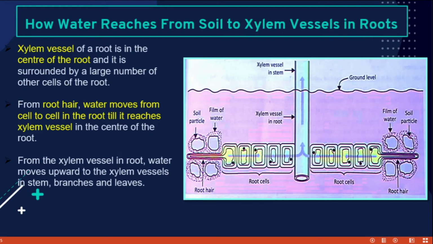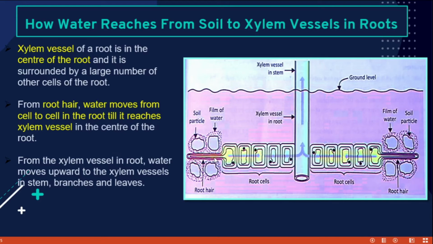Next, how water reaches from soil to xylem vessels in the roots. So look at the picture. Basically, xylem tissues are placed in the center of the stem, and this xylem tissue is covered by a lot of cells. Then how does xylem carry water? See, with the help of root hairs.